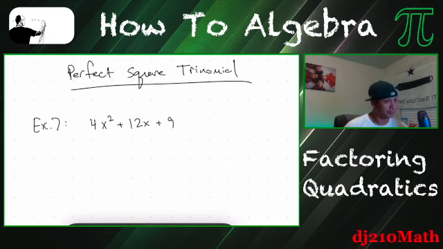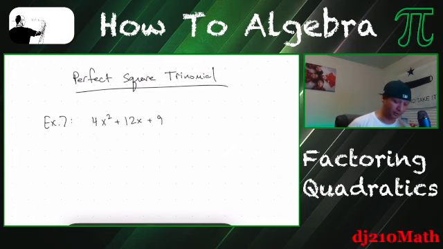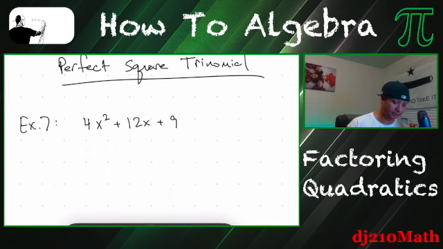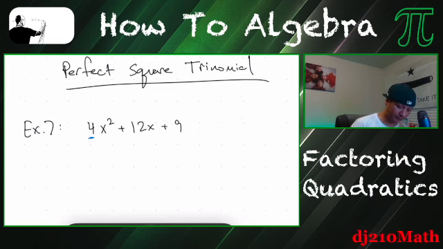However, sometimes, if you notice, you always got to be on the lookout for perfect squares. Because check this out: 4 is a perfect square, 9 is a perfect square. So this is really 2 squared, 12x, plus, again, 3 squared.